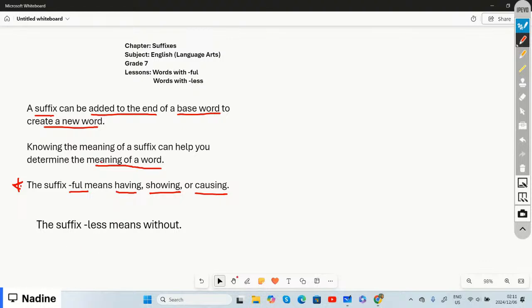And if we look at the suffix less, it is written L-E-S-S, and if you add it to a base word, it sounds like less.